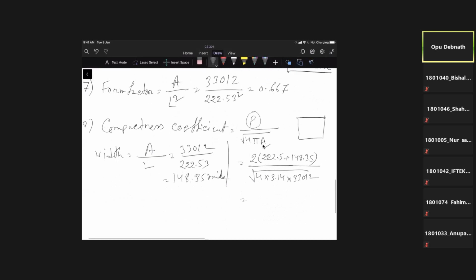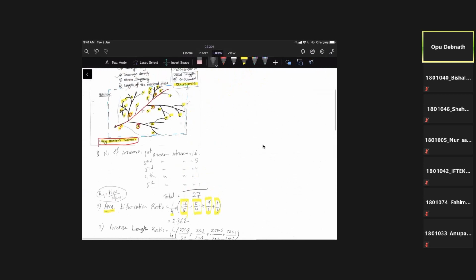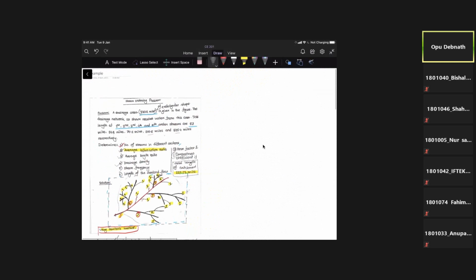After calculation you will get 1.15. So this is the worked example for this specific problem, and you may solve similar problems too.